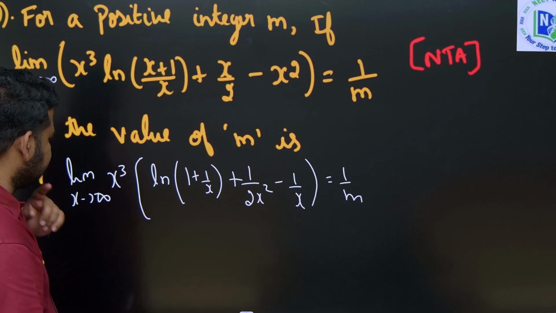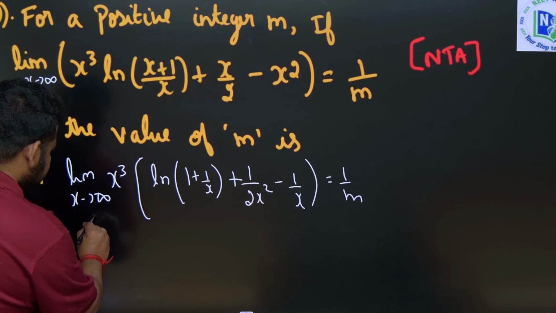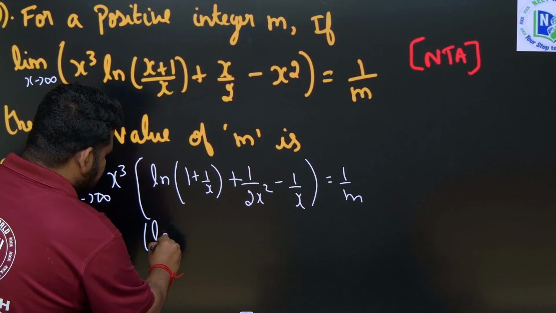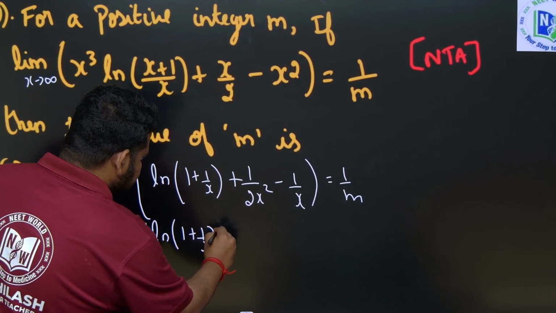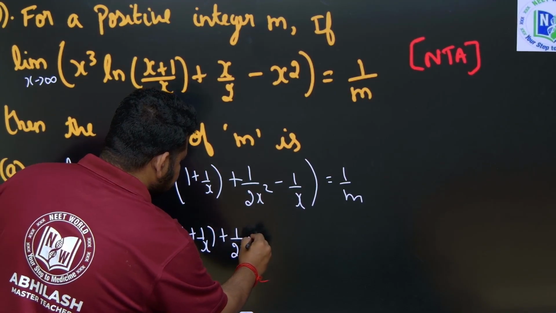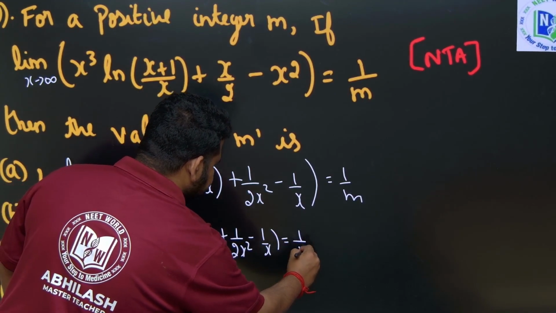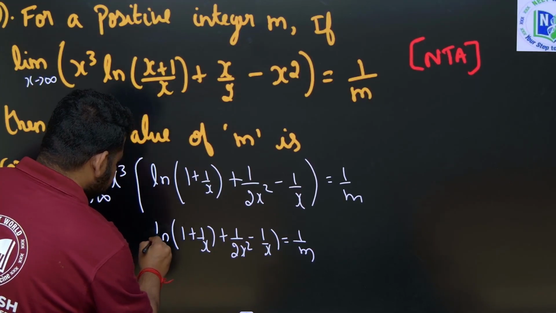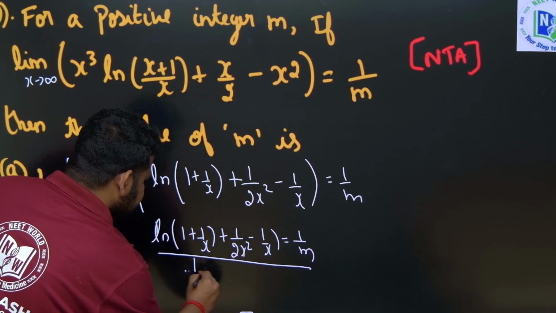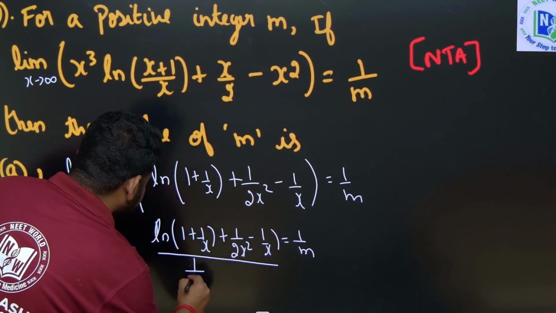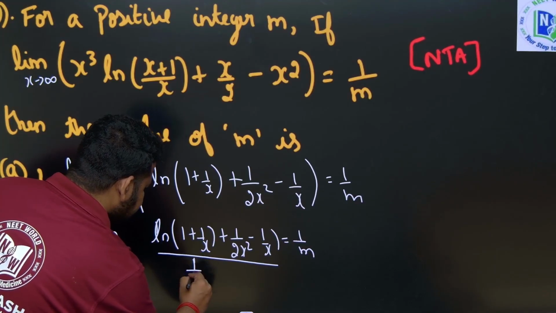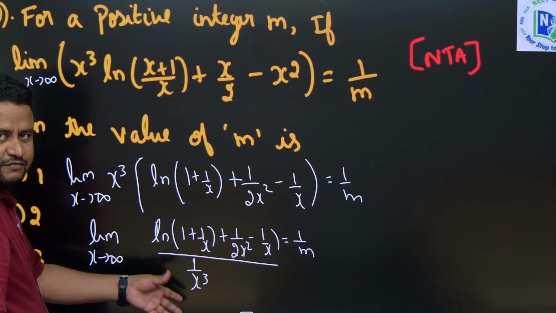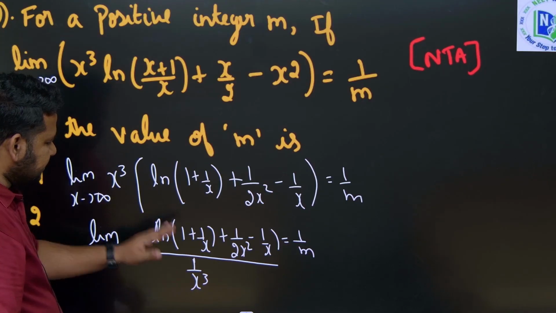So let me write one more step here: limit as x tends to infinity of ln(1 plus 1 by x) plus 1 by 2x square minus 1 by x is equal to 1 by m. This bracket is not required. I can divide and write this x cube as 1 by x cube, because if I bring it back here it becomes x cube again.